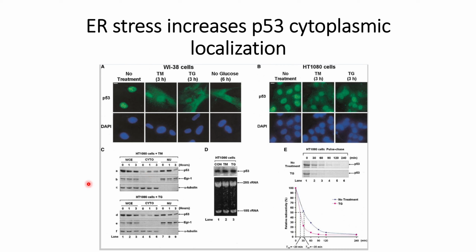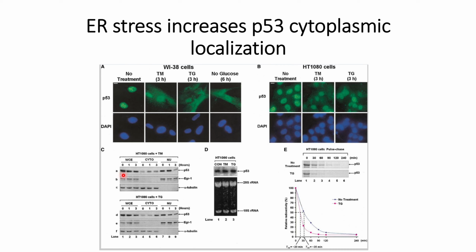Then, in order to confirm this, they did a Western blot of the subcellular fractions of the cells treated with thapsigargin. Here the first three bands are the whole cell extract, and these cells are treated with tunicamycin.